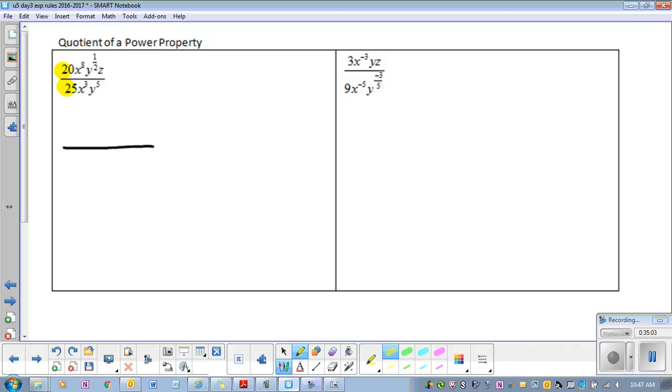Your numbers are just dividing. Don't worry about subtract and all that because that just applies to your exponents, right? What is 20 divided by 25? What does it simplify to? You can divide both of them by 5, right, Ethan? So then what do you get on top and what's on the bottom?